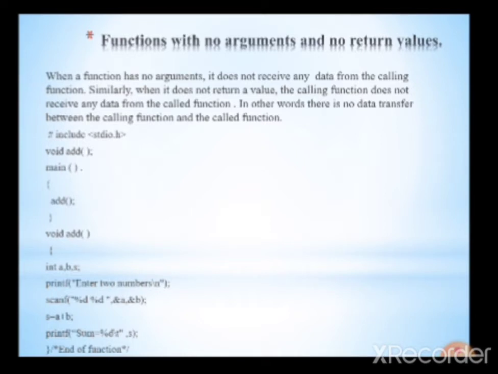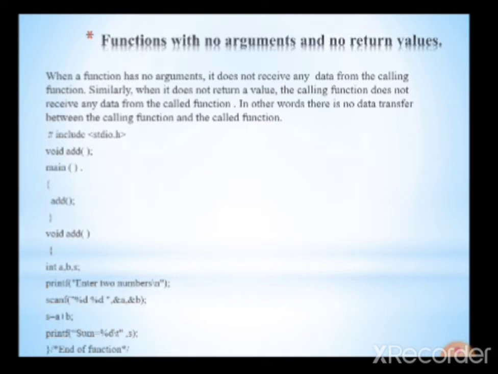The calling program is where we call the function, and the called program is the function definition. No value is passed to the function definition, and no return value is transferred to the calling program.